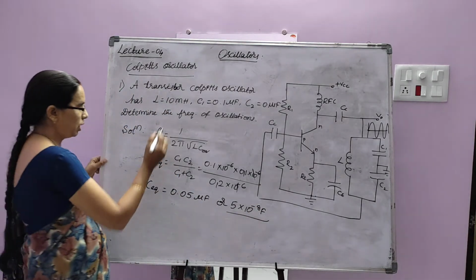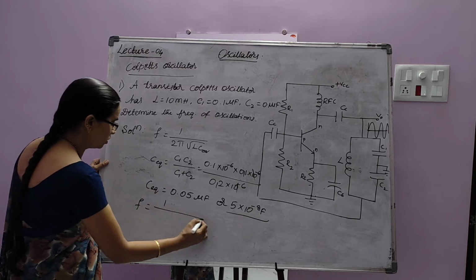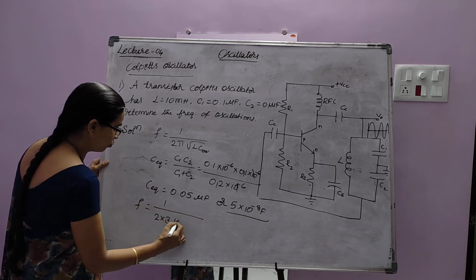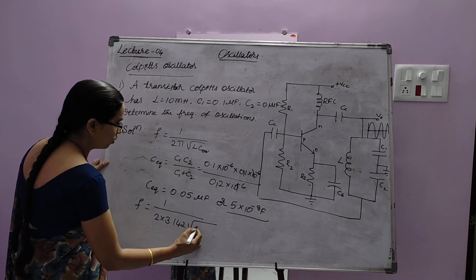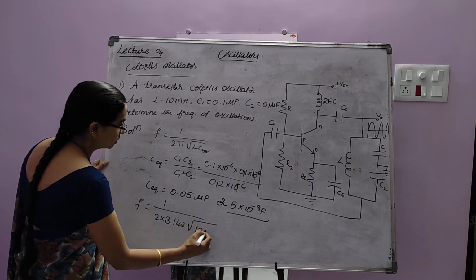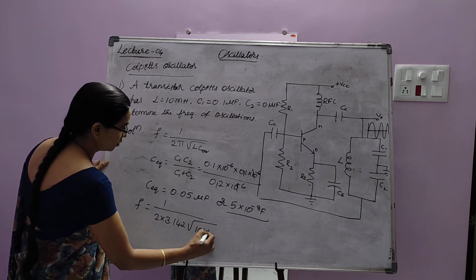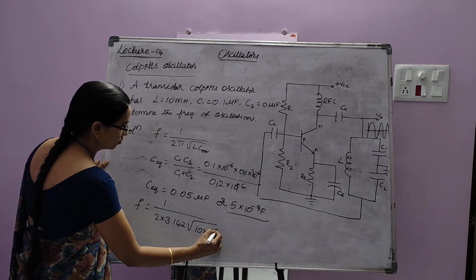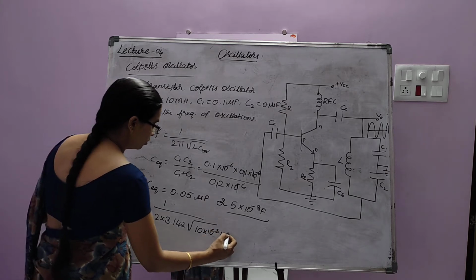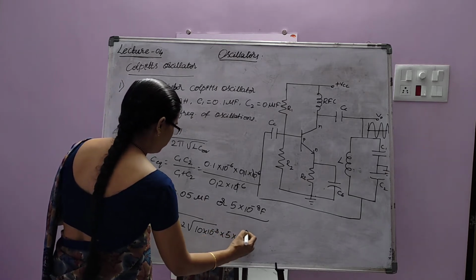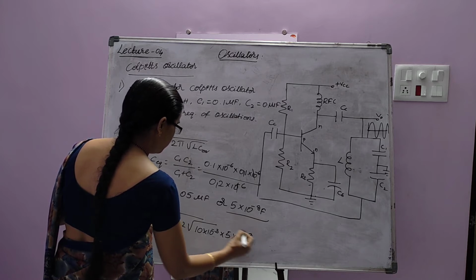Then substitute this value in the above equation. 2 into 3.142 root of L, which is 10 millihenry, into 5 into 10 to the power of minus 8.